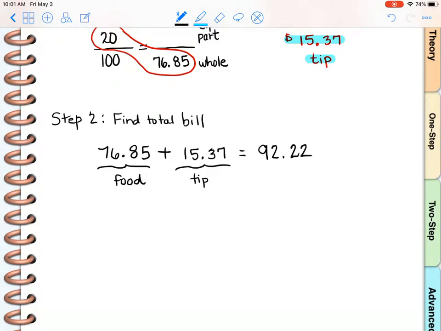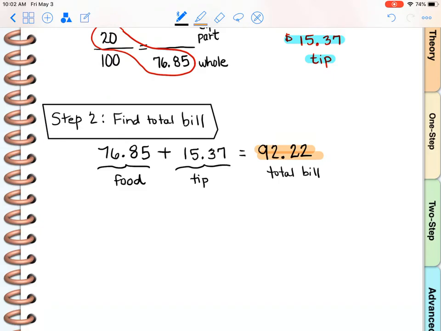Please don't make those errors. Okay, so $92.22 is the total bill. Okay, we're getting there. But we certainly didn't do any division in this step. So I know we're not there yet.